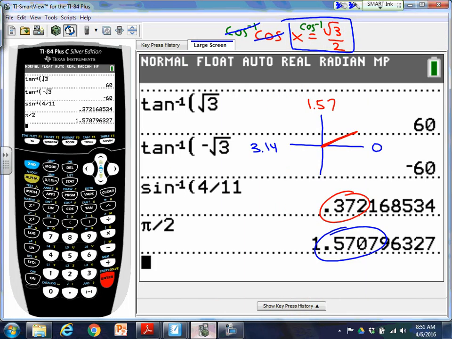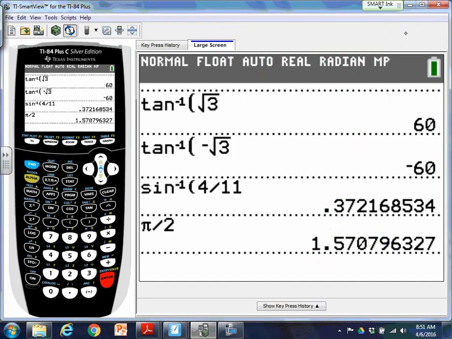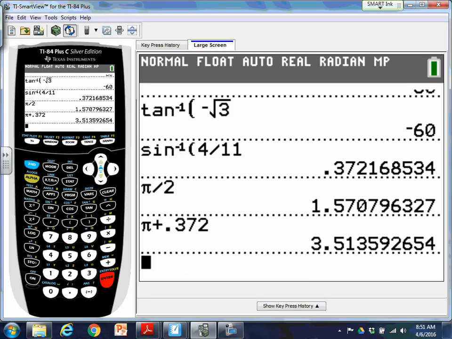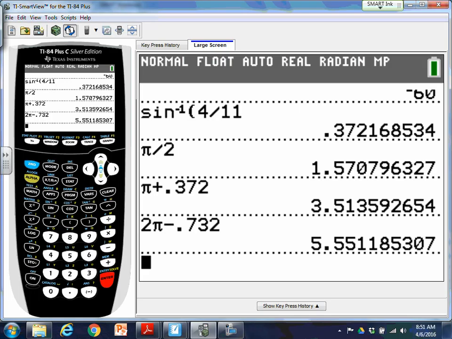So let's clear some of this off here. Pi plus the 0.372. Okay, so that should be one of your answers. Second answer was 2 pi minus 0.372. And we could round these to the nearest tenth like it wanted us to do.